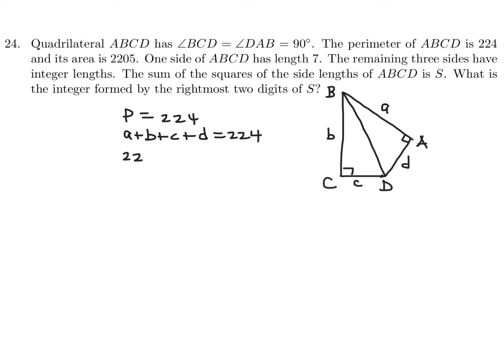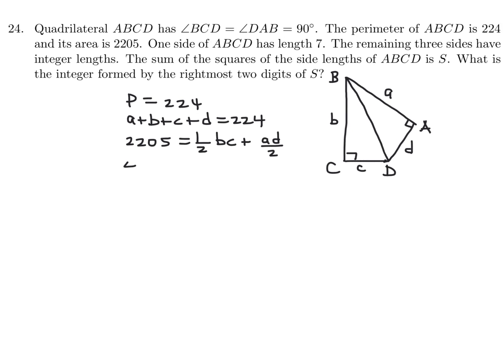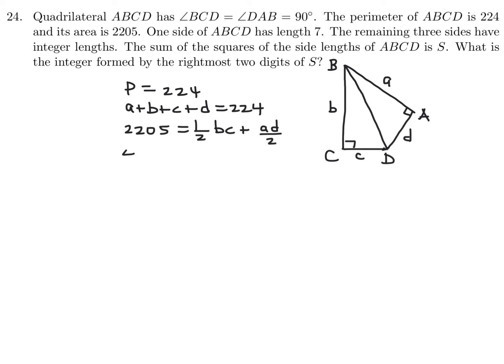So 2205 is 1/2 base times height for the first, plus 1/2 base times height for the second. I'll just multiply through by 2 to get rid of the fraction, so 410 is bc plus ad.